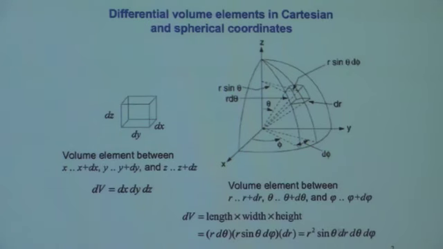But the sine theta here is because when we go to the North Pole or South Pole, you can see that the segment becomes more and more narrow. If theta becomes close to 0 or pi, then the sine becomes close to 0, right?